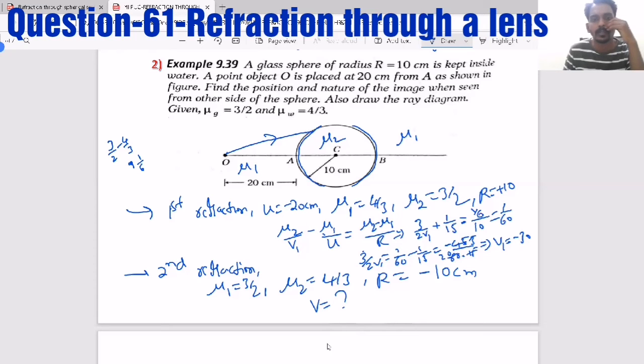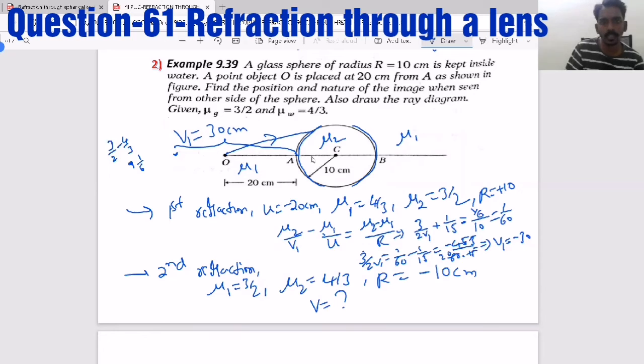So now it is behaving like an object for the second surface. It is minus 30, meaning object side only. That means from here it will form somewhere, so this distance is V1, that is 30 actually.